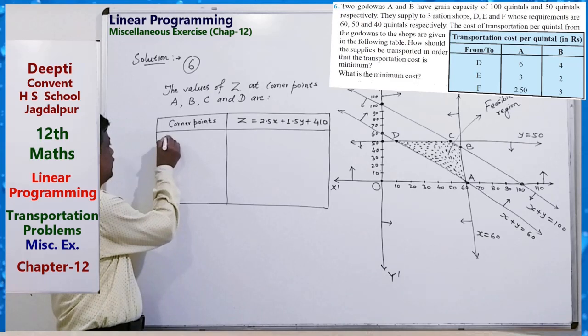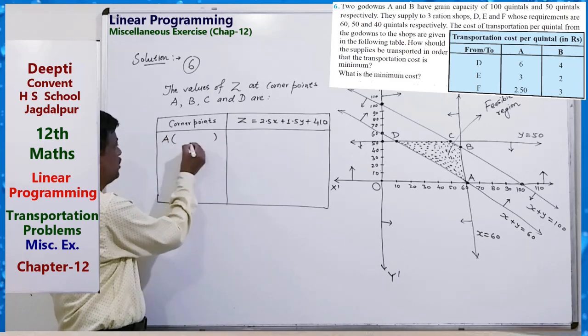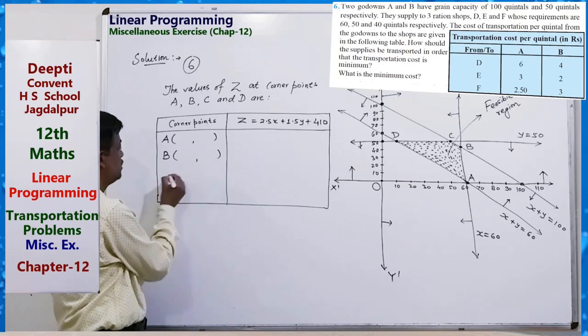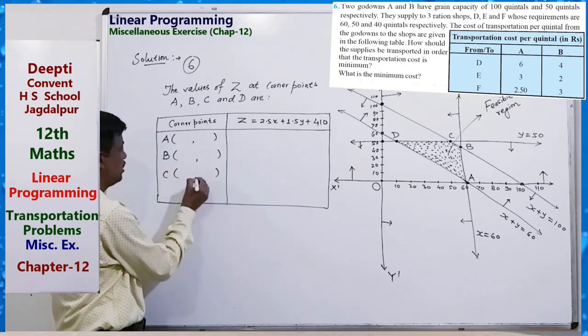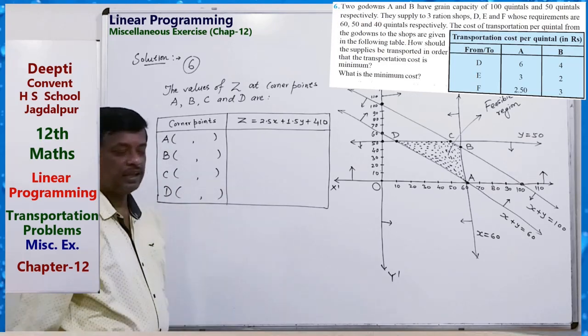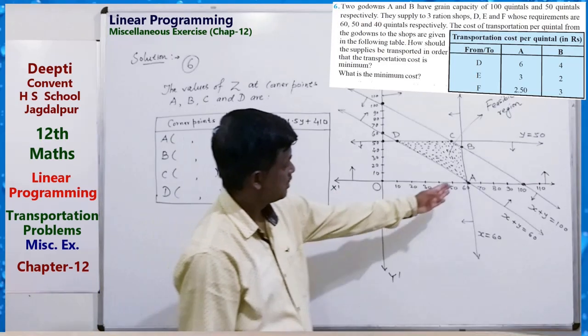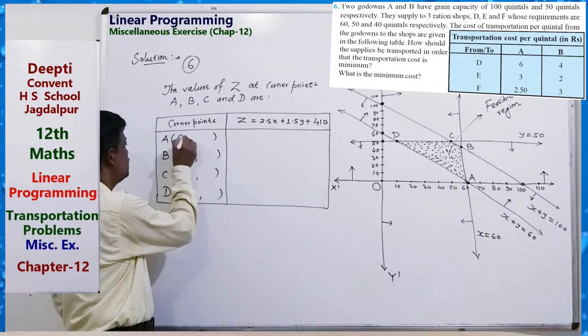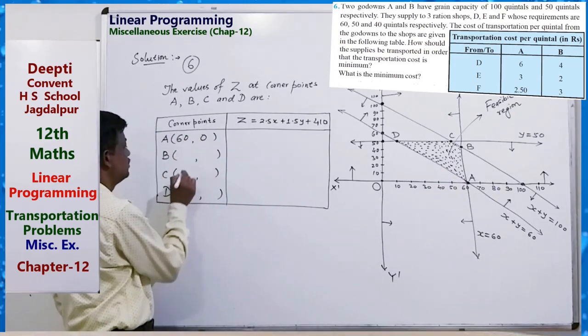What are the points A, B, C, D? A is 60, 0.